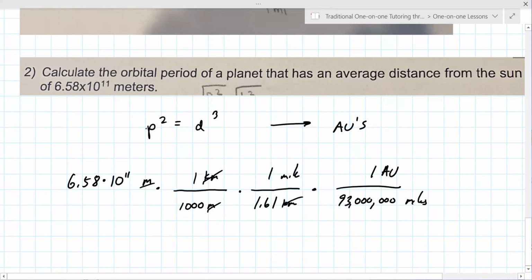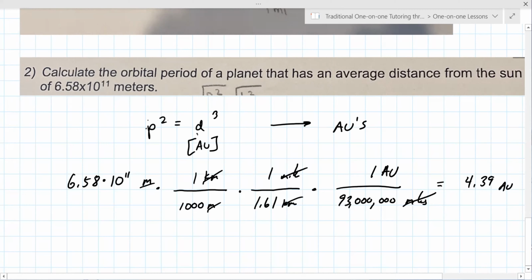The point is that this value of D has to be in AUs, and we have that now. If you get your calculator out, you'll see that this number ends up being 4.39 AUs. Okay, but that's not the answer.